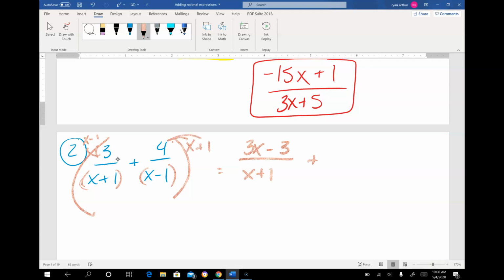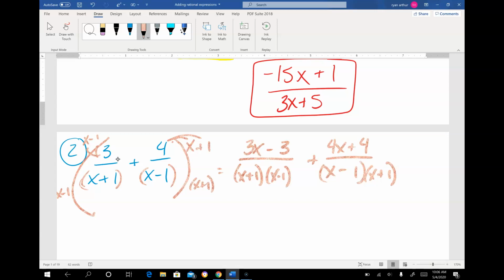Distribute the 4, and I get 4x plus 4 over x minus 1. You have to distribute that 4, okay? Everybody gets it. Sorry, we're multiplying the top and the bottom by that. That is x plus 1, x minus 1, x minus 1, x plus 1.